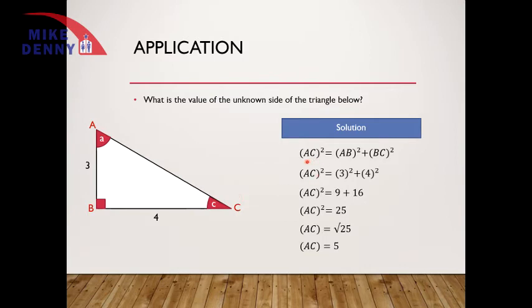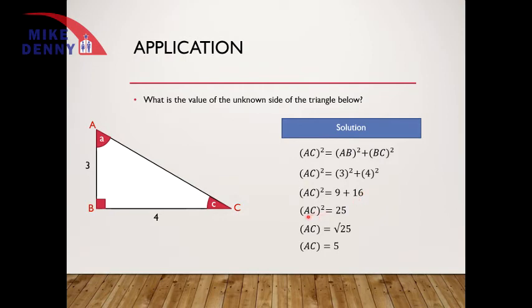So we can state it: AC squared equals AB squared plus BC squared. We don't know AC squared, but we know AB is 3, so 3 squared plus BC, which is 4 squared, should give you AC squared. So AC squared equals 3 squared, which is 9, plus 4 squared, which is 16.